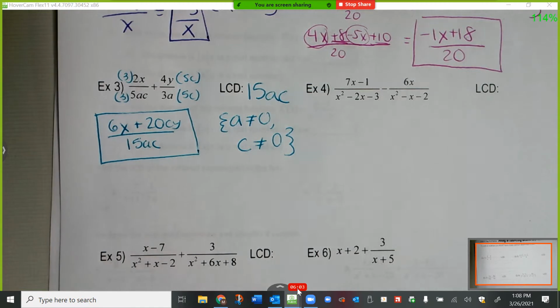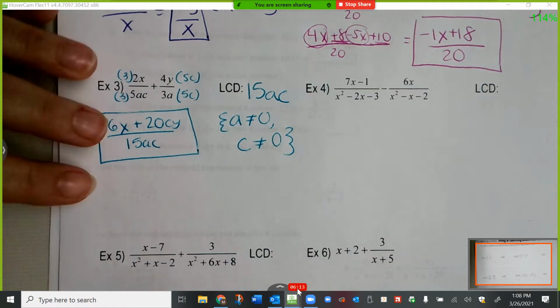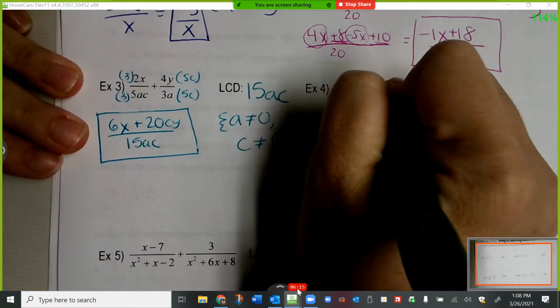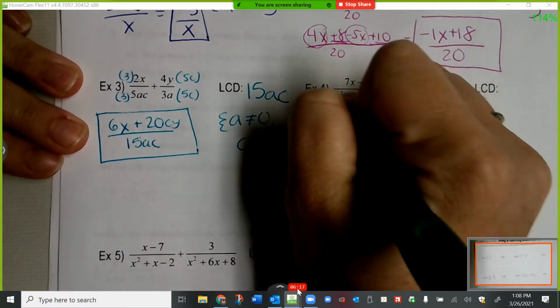Now, if you notice on number 4 and 5, there's going to be some factoring. I'm actually going to do the factoring for you because we've been doing factoring for a really long time. So hopefully you understand how to get these.